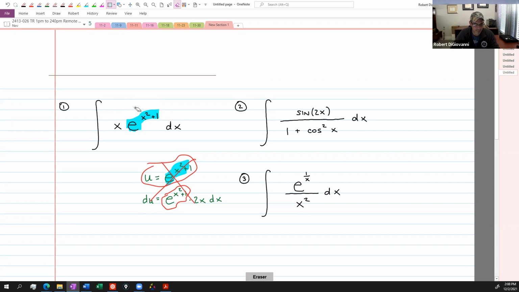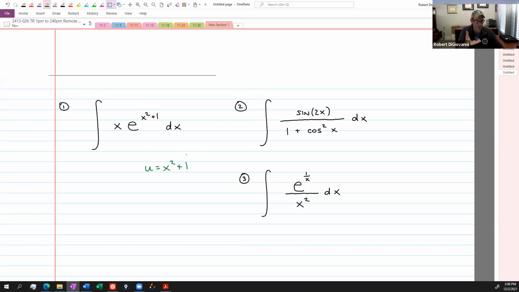So instead, let's just grab the x squared plus 1. Let's grab just that. This is what Daniel and I were talking about.